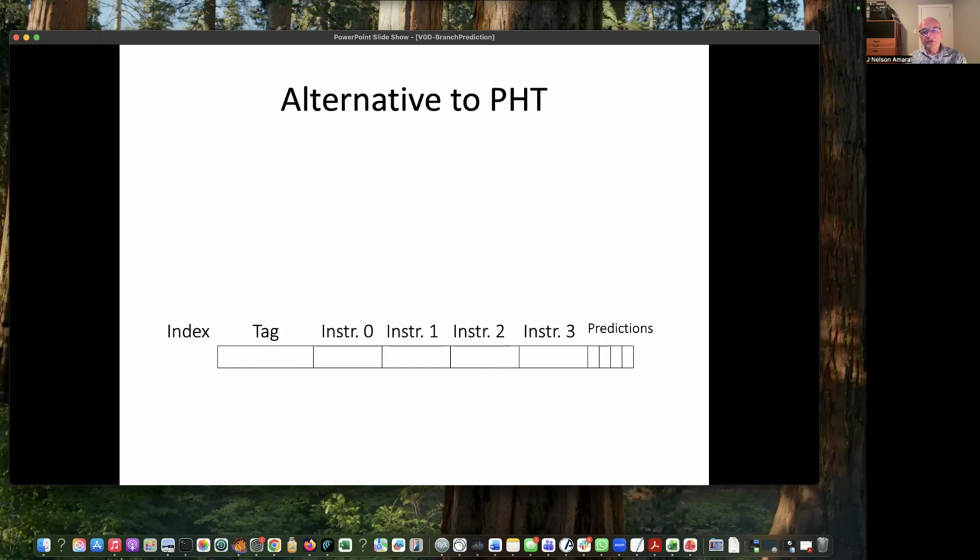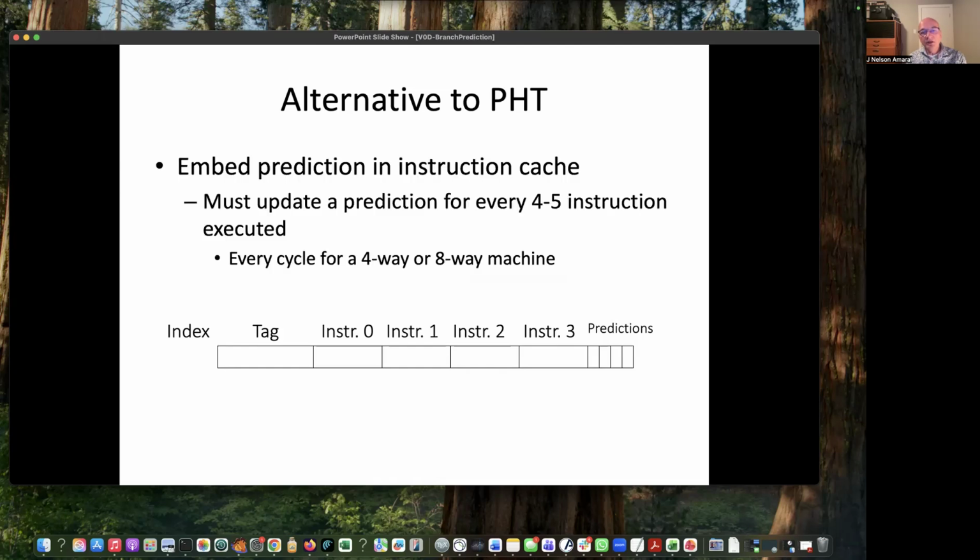There is an alternative to the PHT, which is to embed the prediction in the instruction cache. The idea is that I'm going to store bits on the right side of the cache line. Here, for this instruction cache line that contains 4 instructions, I'm going to have 4 prediction bits that I'm going to update every time I make a prediction.